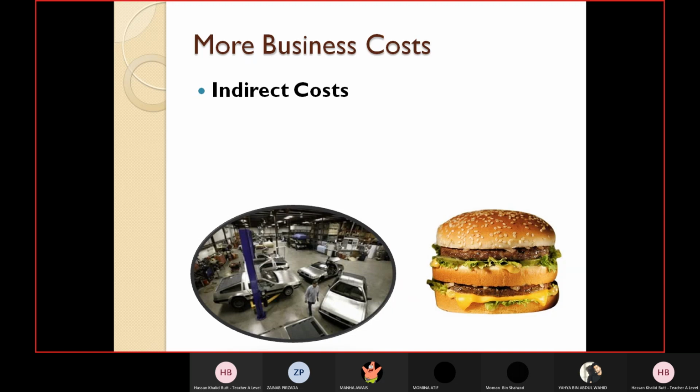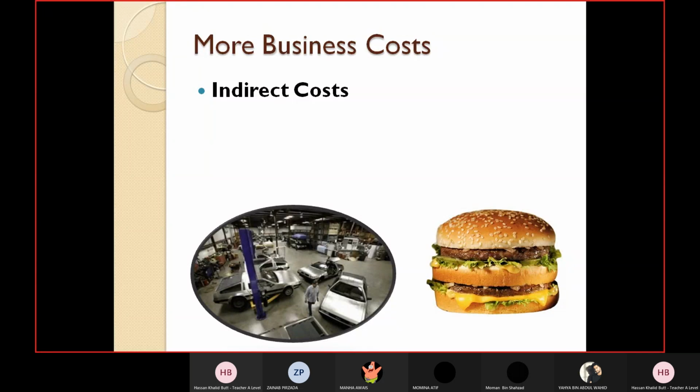right? But if you see the other picture, there are lots of cars and they are being repaired in a showroom, or in a factory area. So if you pay the rent of that area as well, can you directly relate rent to each of the car being maintained? You cannot, right? No, sir. So that is why it will become an indirect cost because you cannot relate that with any of the products, but still you have to pay for it.